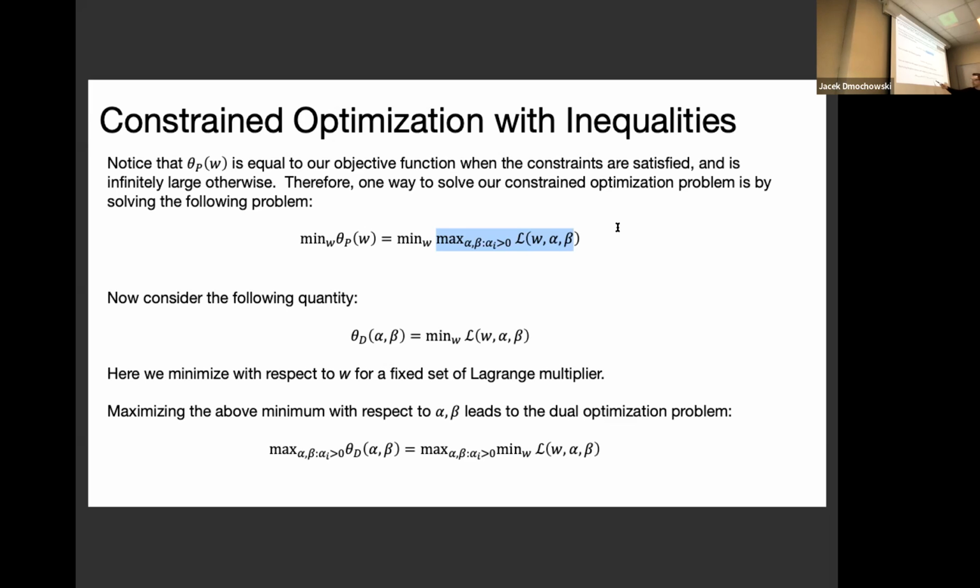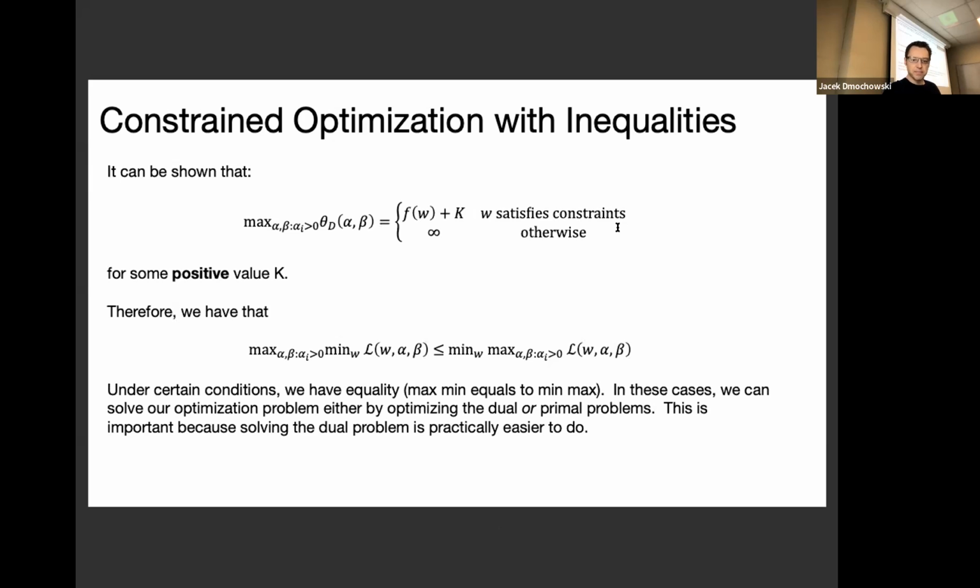If you look at just the min term here, the min over W, this is saying for a fixed Lagrange multiplier alpha, beta, I want to find the W that minimizes the Lagrangian. And now that I have that evaluated for every possible alpha and beta, I want to find the alpha and beta that maximize that min. So it's the dual of the min of the max, which we agreed was going to give us the solution that we want.